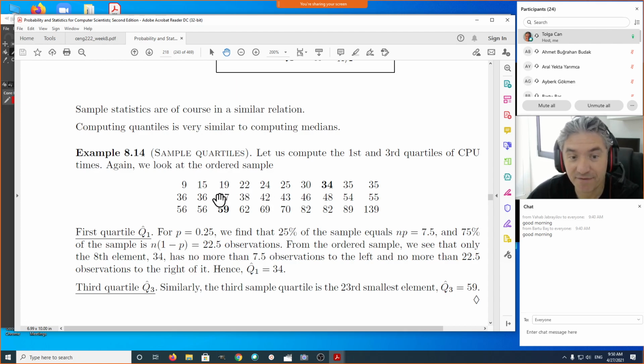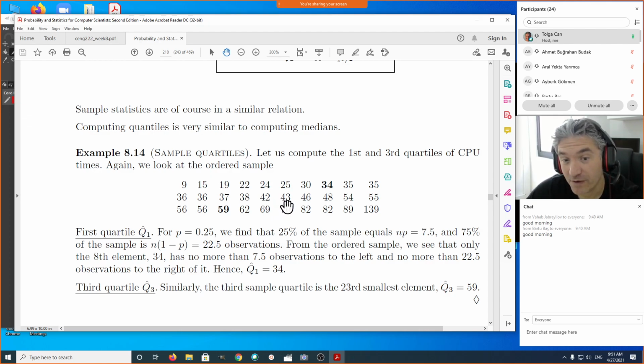And there are not more than 50% of the data to its left. So you can say 42 is a median with no error, because exactly 50% lies to its right and less than 50% lies to its left. So the rule is no more than 50% should lie to both of its sides. So 42 qualifies for that.